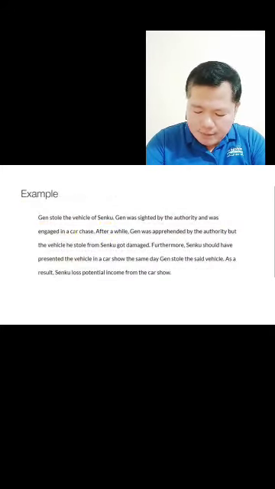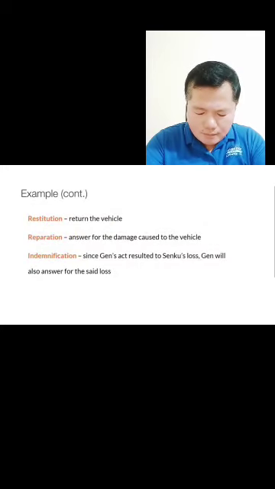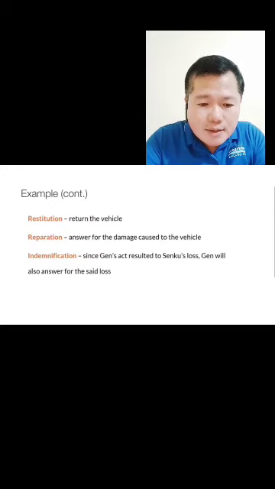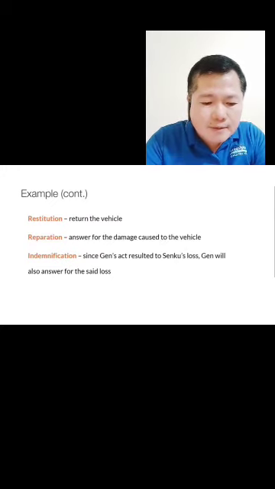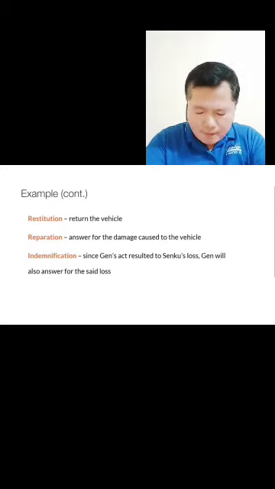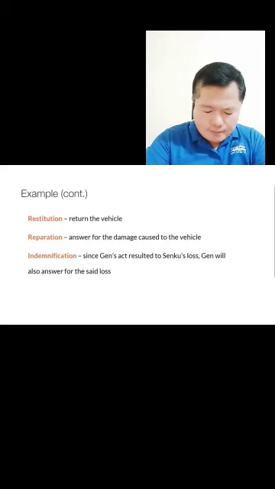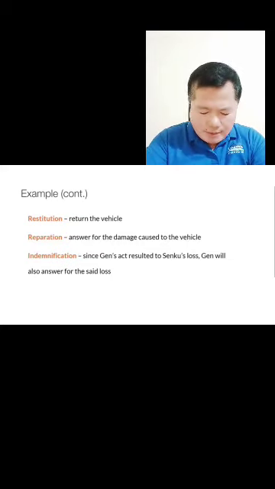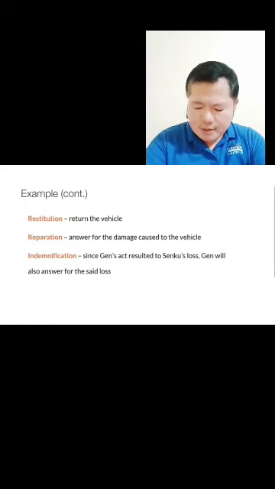So, in this situation, ang restitution po is the return of the vehicle. No? So, restitution, pwede pa naman ma-return ang vehicle because nandun pa siya, hindi pa siya na-lost. Na-damage nga lang.